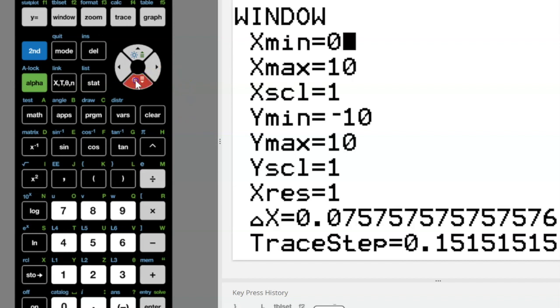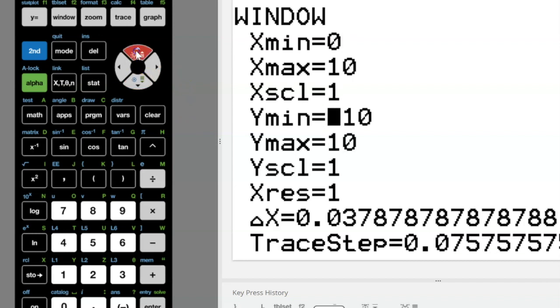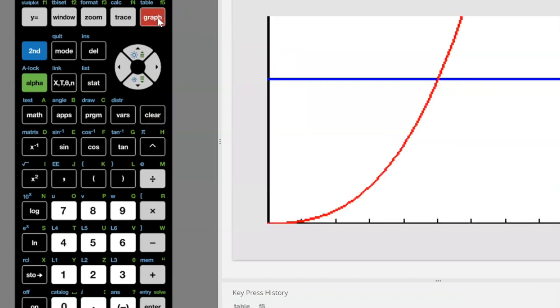Y is representing the volume of the box, which is 350. Let's make our y min 0, and let's make the y max 500.